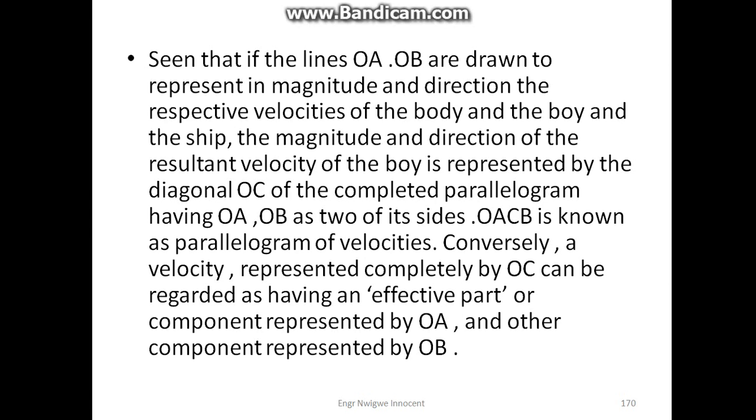OACB is known as the parallelogram of velocities. Conversely, a velocity represented completely by OC can be regarded as having an effective part or component represented by OA and another component represented by OB.